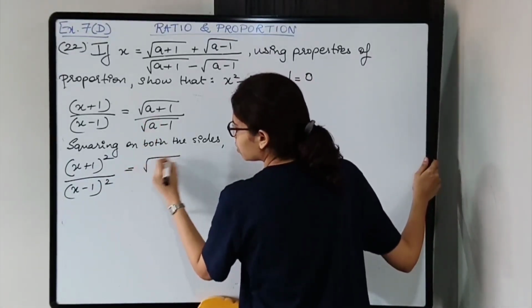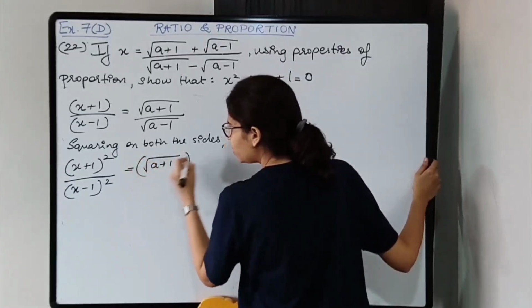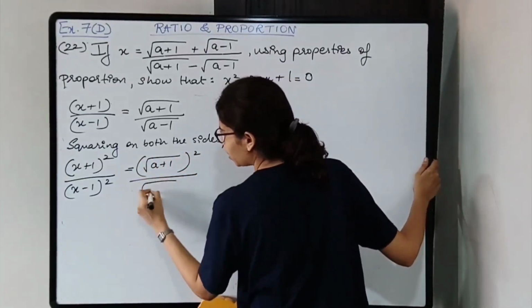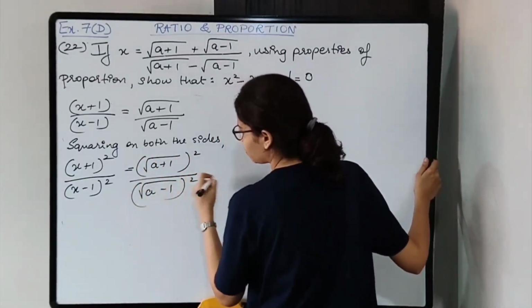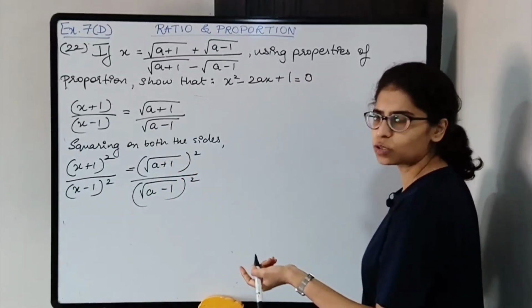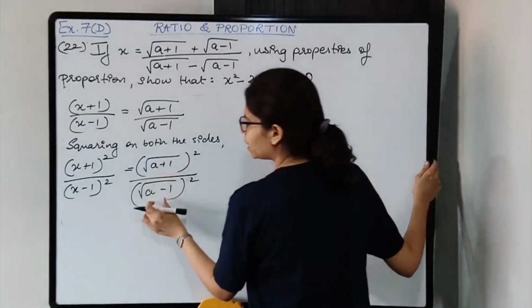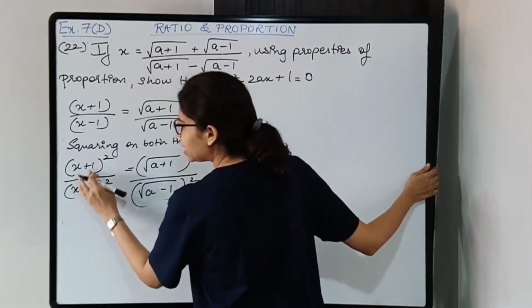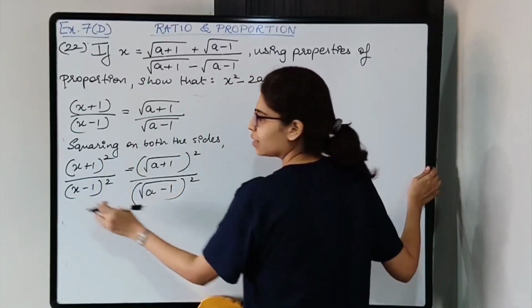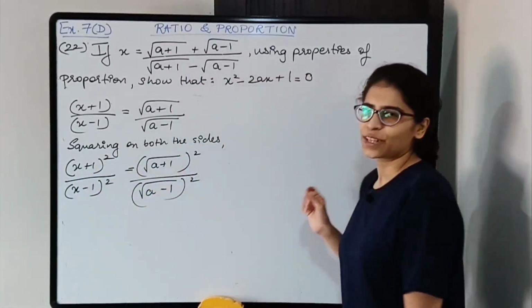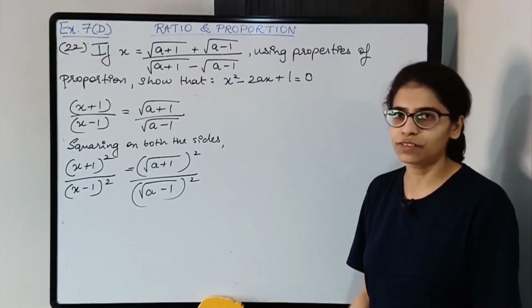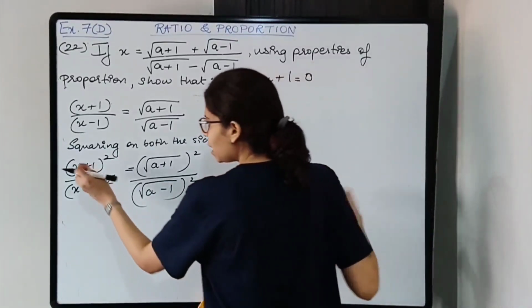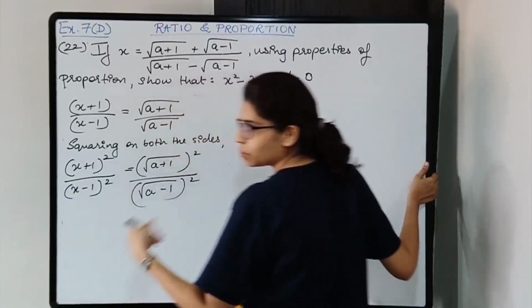Over here, root of a plus 1 the whole thing square and root of a minus 1 the whole thing square. Square and square root will cancel out, so ultimately you are left with a plus 1 and a minus 1. Here we have a plus b the whole square, a minus b the whole square. So you need to apply the identity, you have to give the reason. A plus b the whole square is a square plus 2ab plus b square.